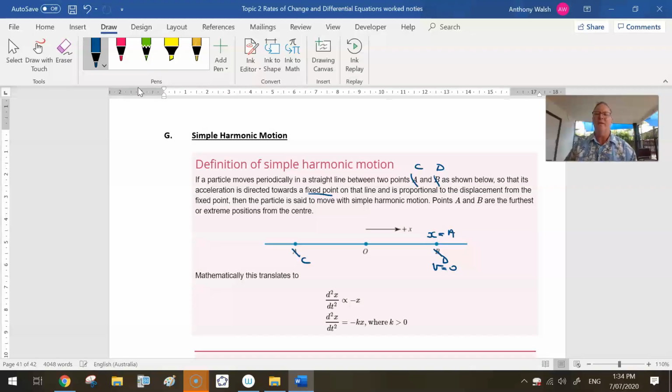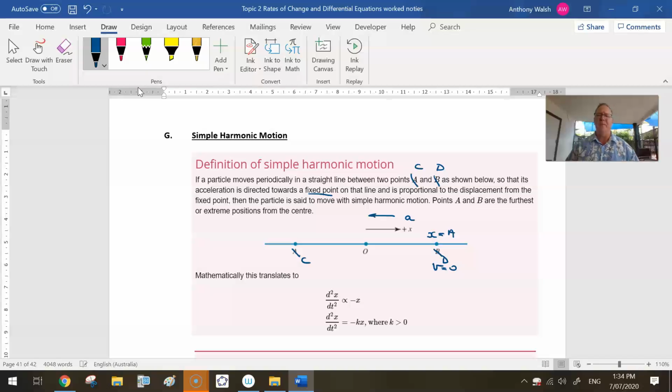Now, when it gets to D, it's got to stop and then move back towards the center O and then back towards point C. Now, to do that, if it's slowing down all the way between the center and the point D, its acceleration must be working in the opposite direction to the displacement. Makes sense.